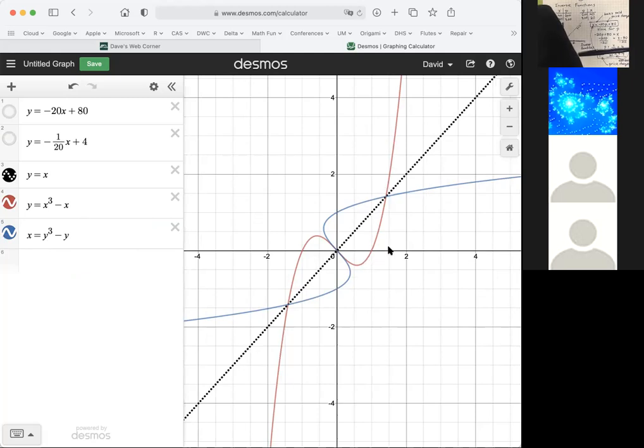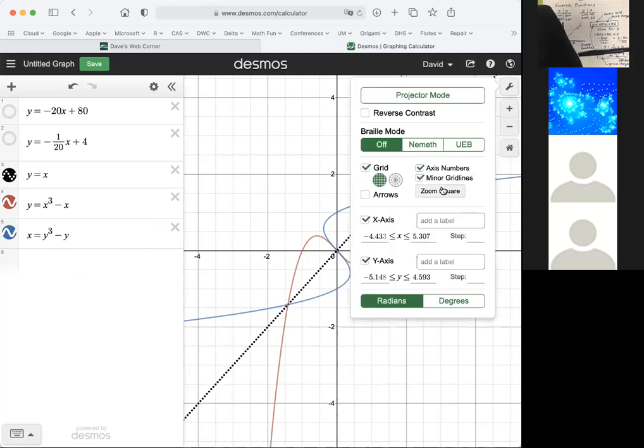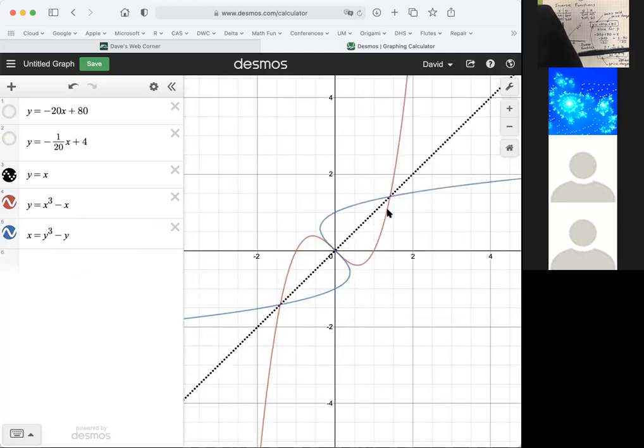I don't know what that looks like. Is it a butterfly? Is it like a psychology test? But this red curve and the blue curve, let me turn off the blue curve. There's the red curve. Let me do the blue curve. There's the blue curve. When I put them together, what do I get? They are perfect mirror images across the line y equals x. Like y equals x was a mirror, surface of a quiet lake.